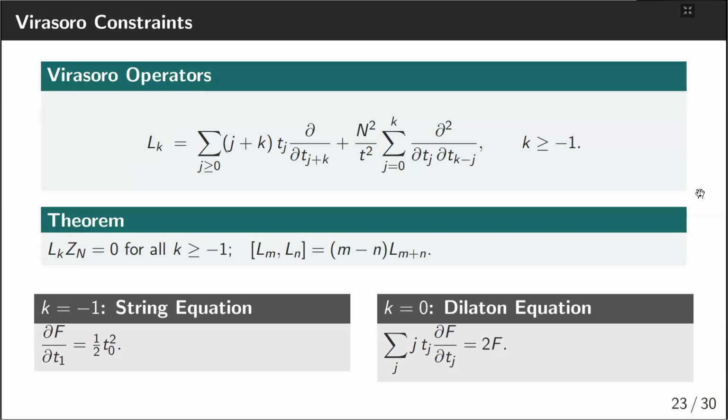The theorem states that L_k Zn equals 0 for all k greater than or equal to -1, and the commutator [L_m, L_n] equals (m minus n) L_{m+n}. These are just identities you can confirm by calculating. So this is the operator definition.